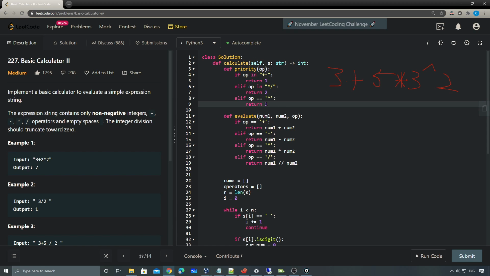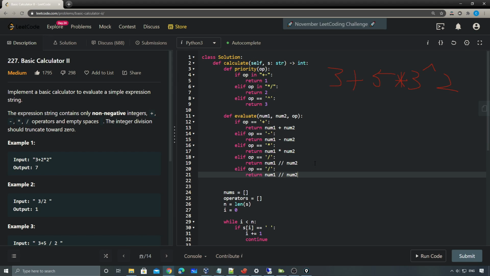That's going to be the priority 3 operator. And here we also just need to add another if condition. If this thing is equal to that, we just need to do a power evaluation here. Okay, so that's pretty easy.